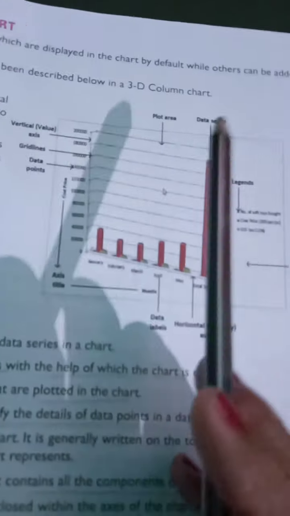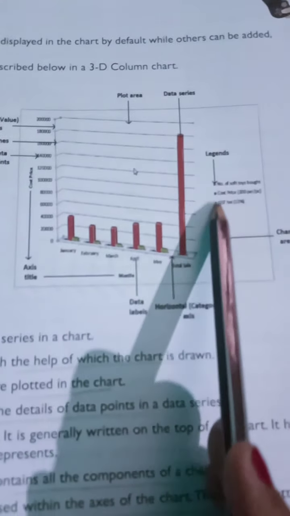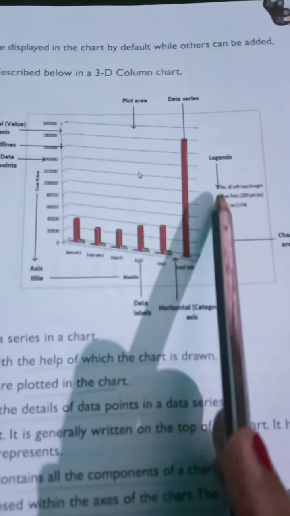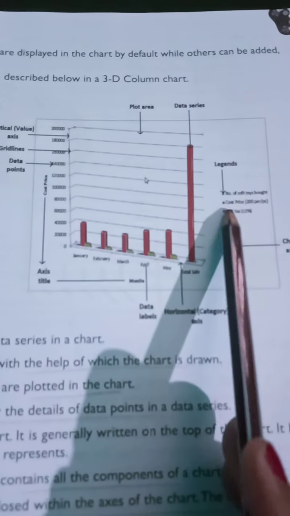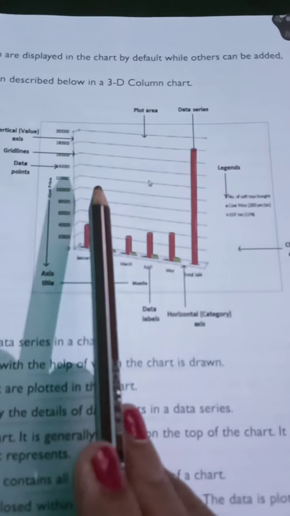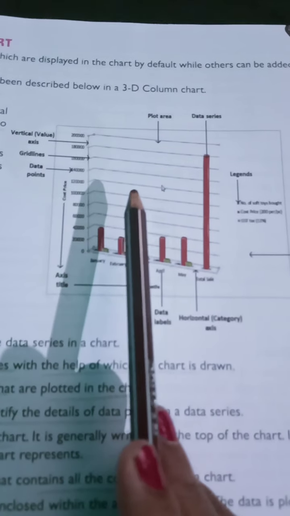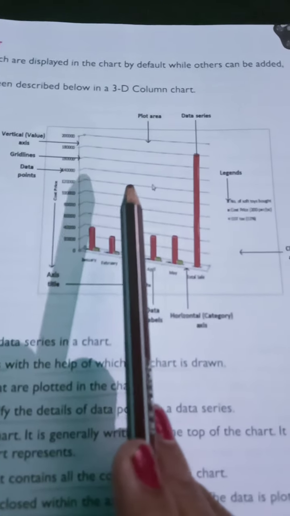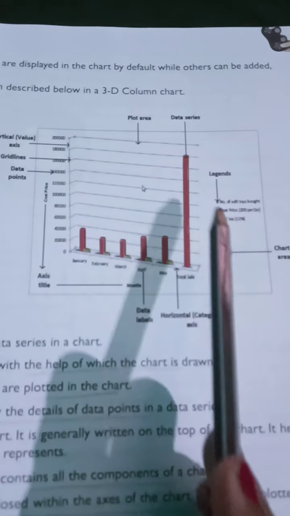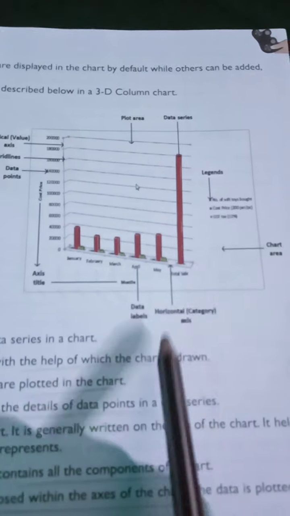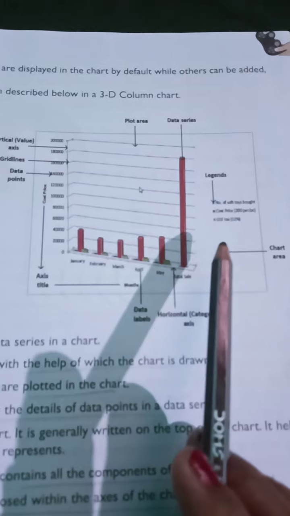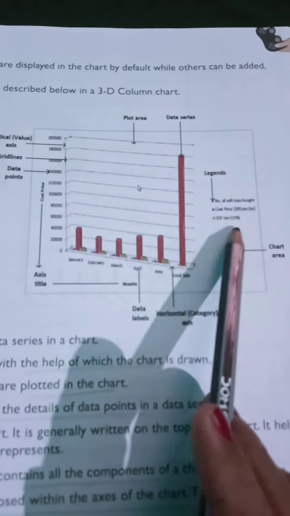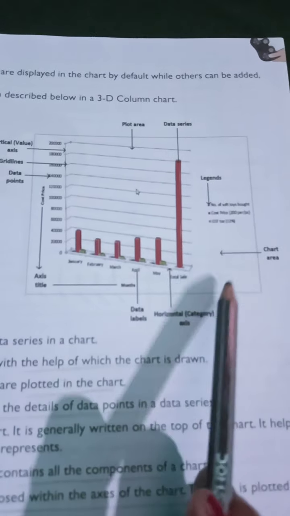You can see this is the diagram in which this is the plot area, this is the data series, these are legends. Legends are like, you have seen in news, the news reader gives information about the weather, and in the right corner there are indications of the weather.